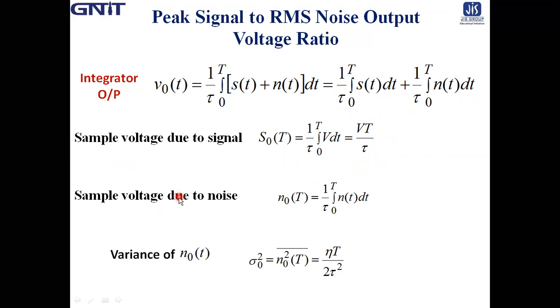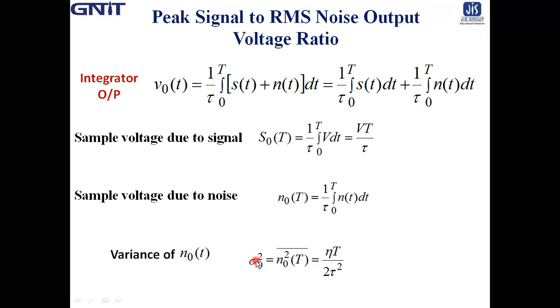Now the sample voltage due to noise is represented as n0(t) equal to 1 by tau integration 0 to t of n(t) dt. Now the noise sampling voltage n0(t) is a Gaussian random variable, in contrast with n(t), which is a Gaussian random process.